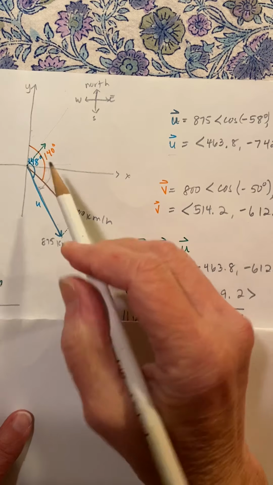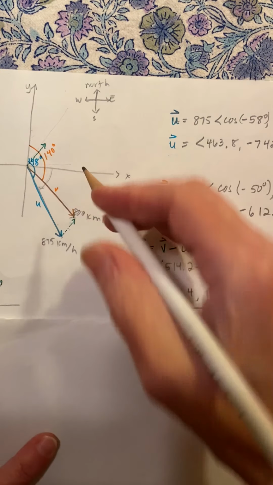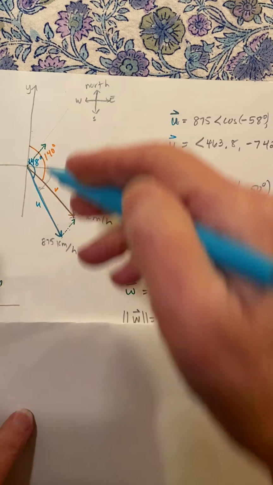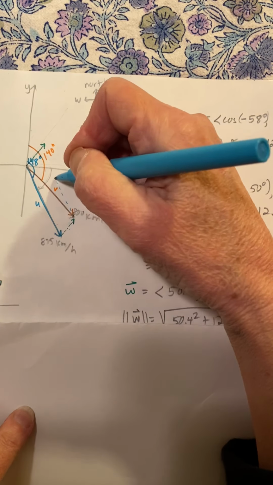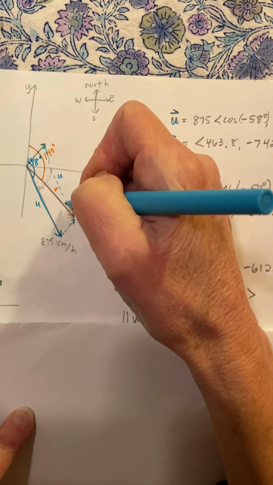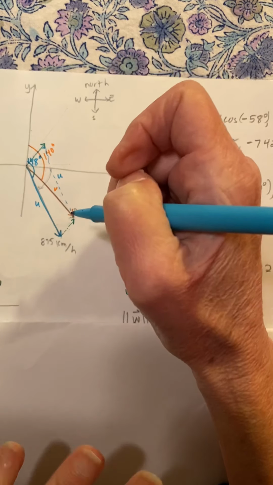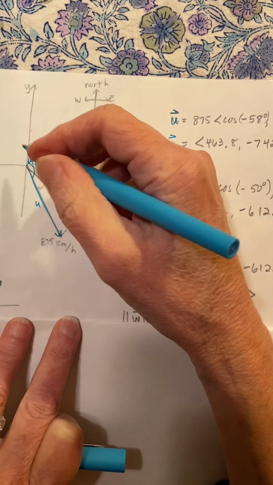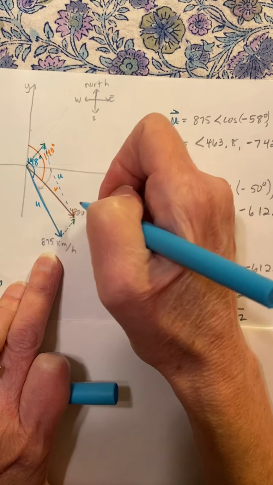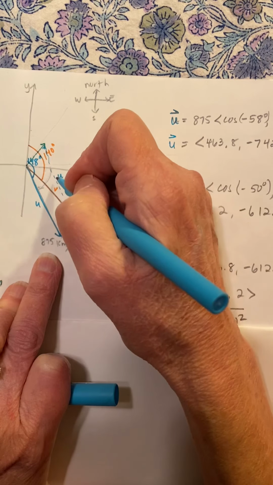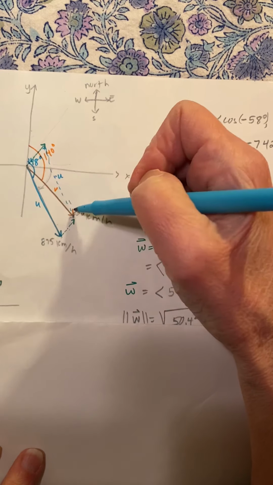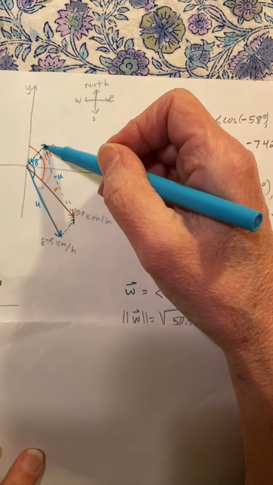One way to do it is to go out V and then back U. So I could go out V and then go back U plus V. Remember the direction, the positive or negative vector tells you if U is given as positive 875 this way, this is going negative 875. It's the subtraction of U to go this way. This is negative U. So I think of this as plus V.